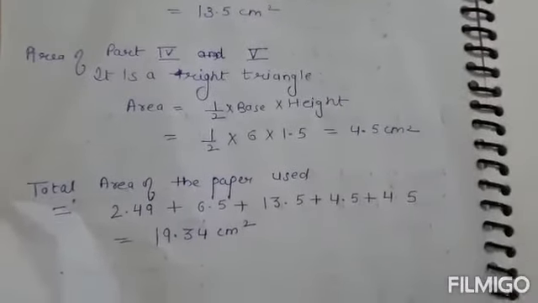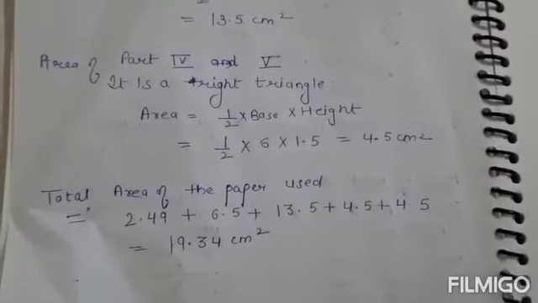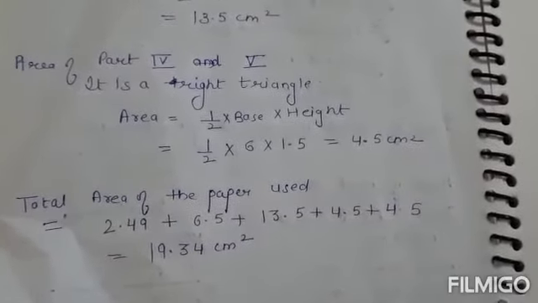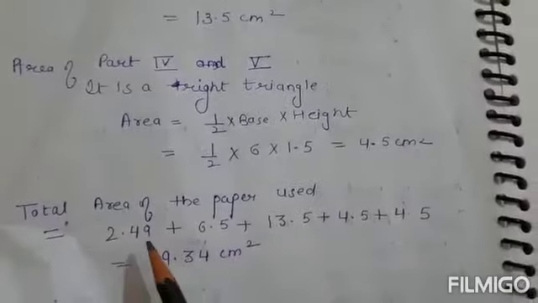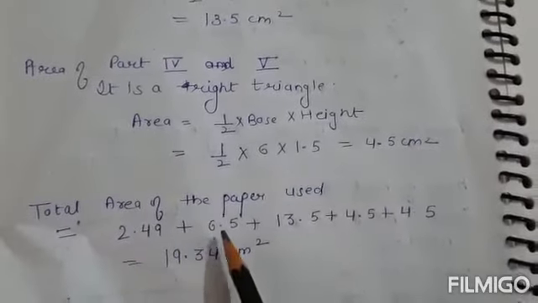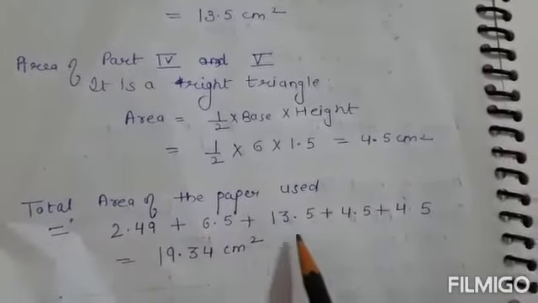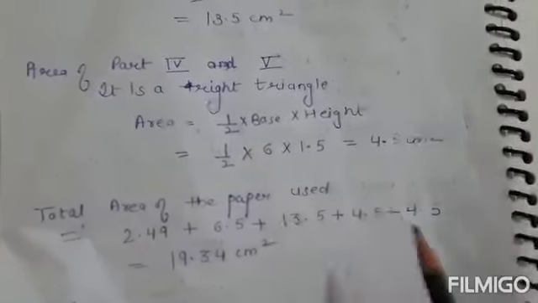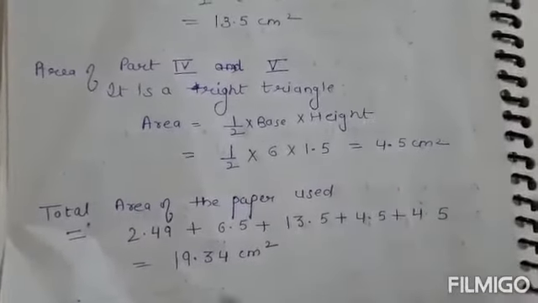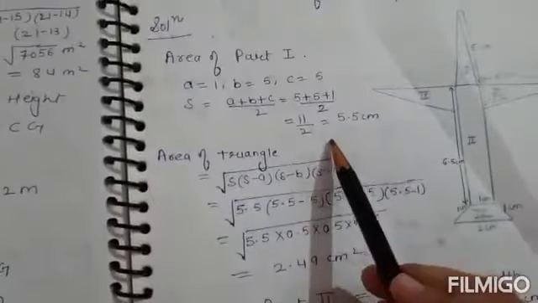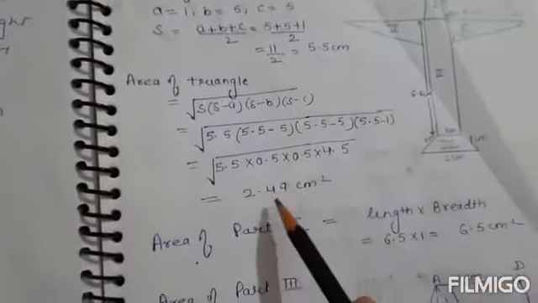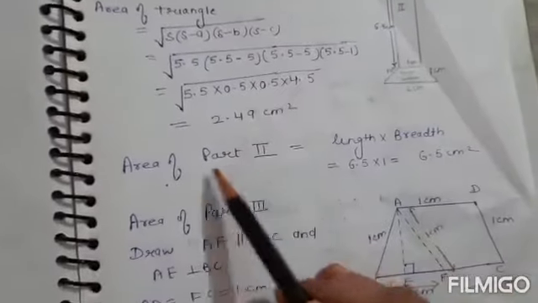Now in your question, you need to find the total area of paper used for making the aeroplane, which is equal to area of part 1 plus area of part 2 plus part 3 plus area of part 4 plus area of part 5. Area of part 1 we have evaluated here. It was a triangle and its area was 2.49, plus area of part 2.